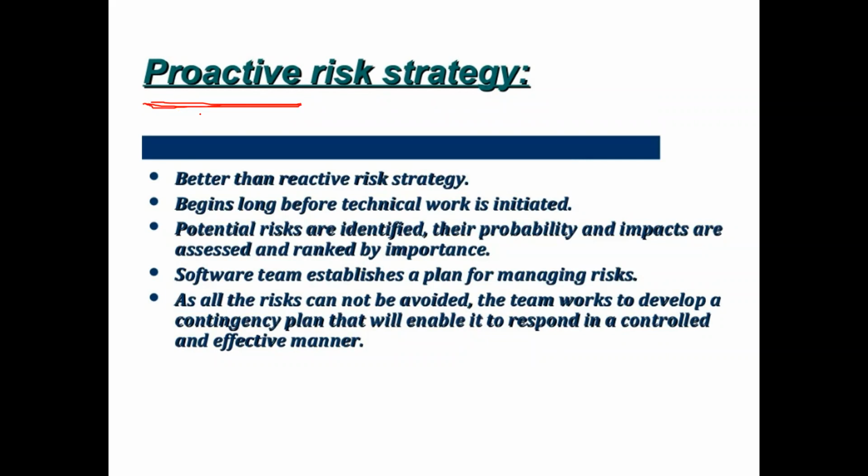If there is any chance of risk, then also you have a plan. So that is proactive risk strategy. Proactive is basically avoidance of risk, and reactive means the risk already happened, then what you should do. Those are the two types of risk strategies we have.